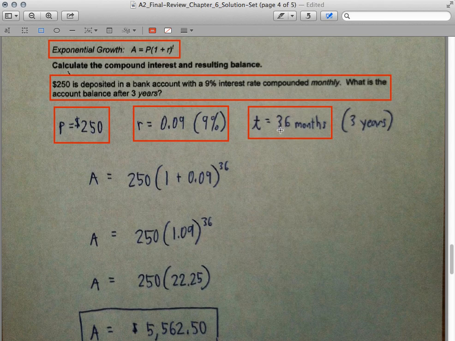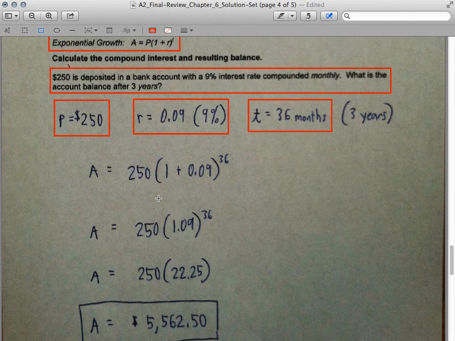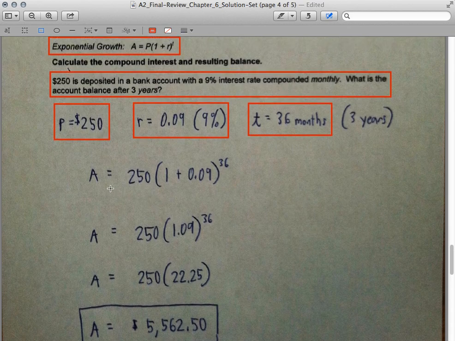It's been compounded 36 times. So our t value, our exponent here, is 36. We now have the values in order to create the value of our total amount after those 3 years. So A equals 250 times 1 plus 0.09 to the 36th power.